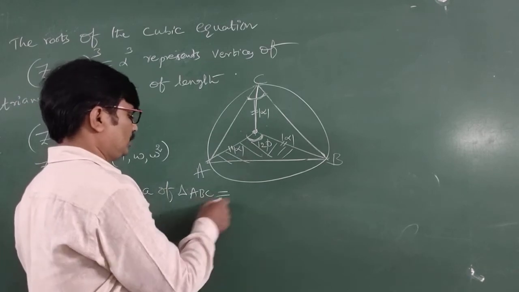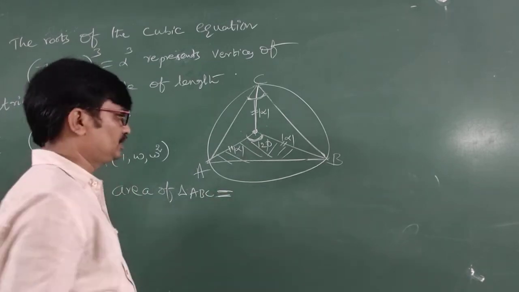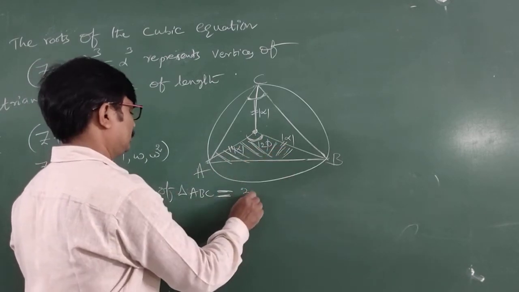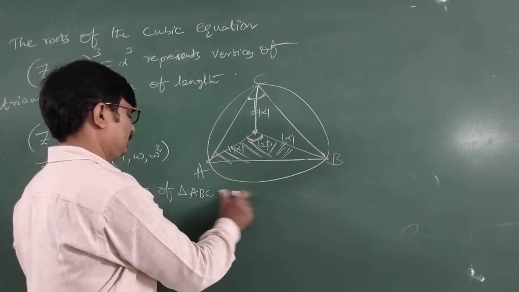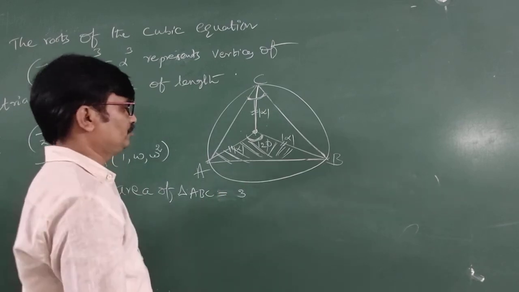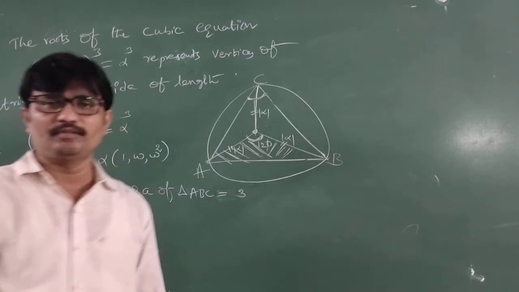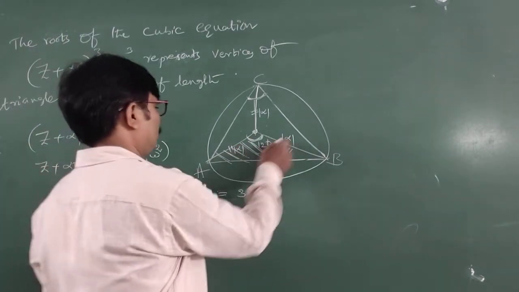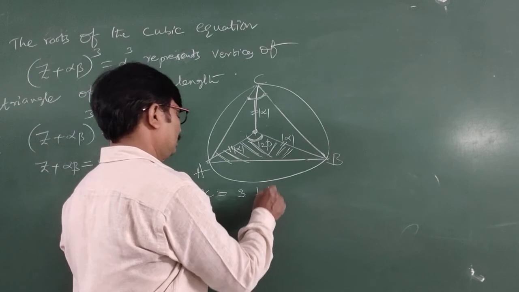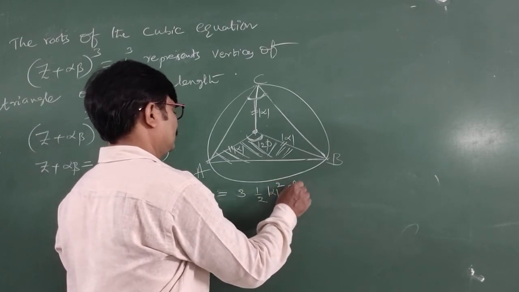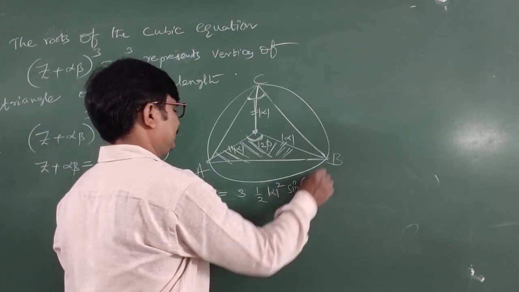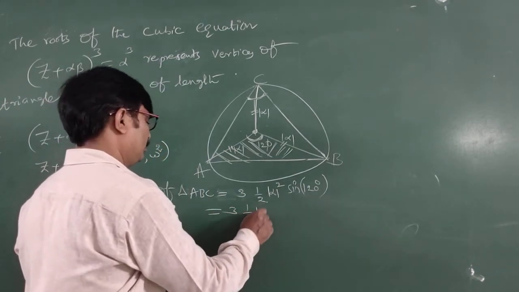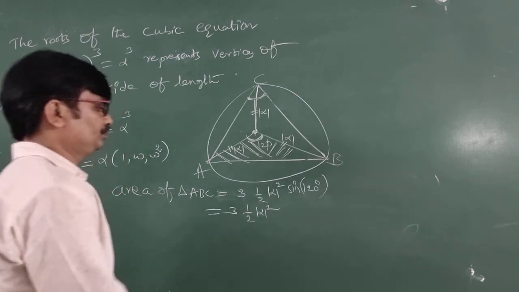We have to know that the area of triangle ABC is 3 times of half AB sin A, half BC sin A, half CA sin B. So here also we take half of mod alpha square sin of 120 degrees, with the 1/2 mod alpha square.